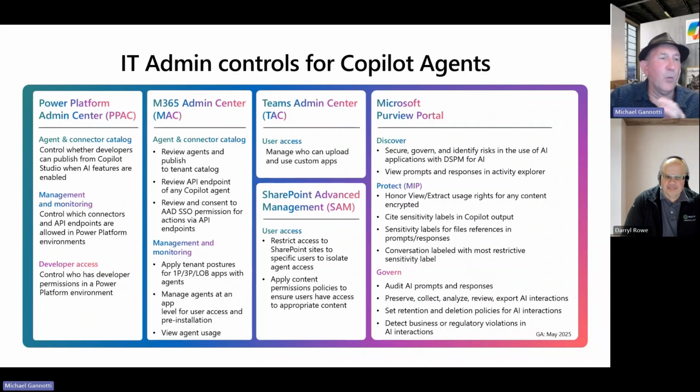You'll see that while we've got the one big rectangle here, there are different sections. And I've had some IT folks say, Mike, why do I got to go here for this? Why do I go here for this? There are reasons. Because you are doing Copilot in these various areas. Those various areas have their own controls native.